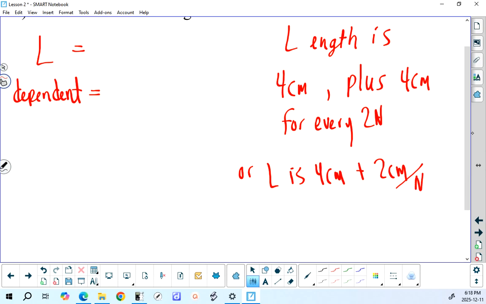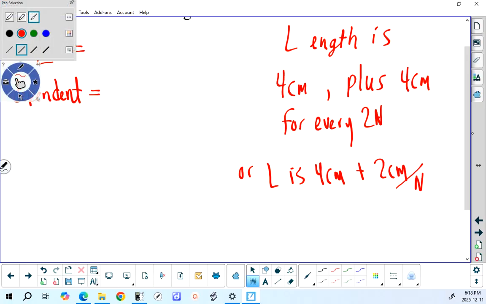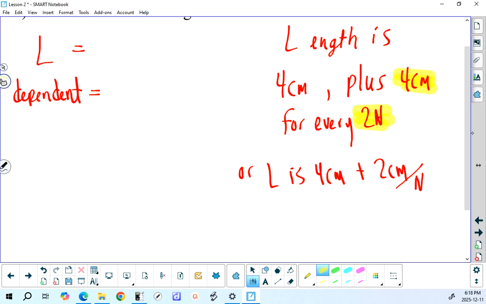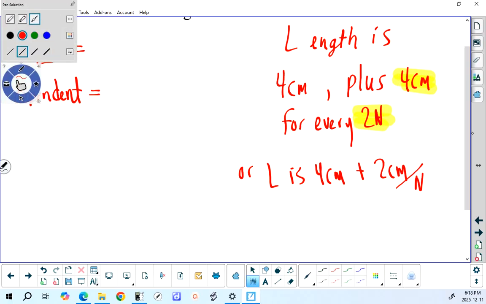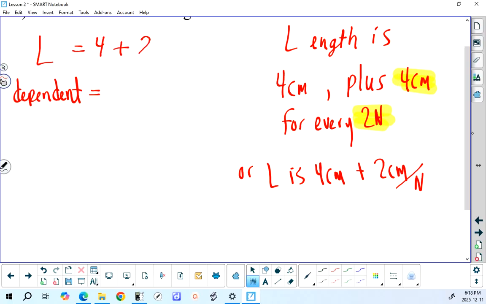When you take a look at 4 centimeters for every 2 newtons, that's the same as 2 centimeters for every 1 newton. And if you give that a little bit more thought, you'll see that the length will be equal to 4, the original 4 centimeters, plus 2 multiplied by the number of newtons.